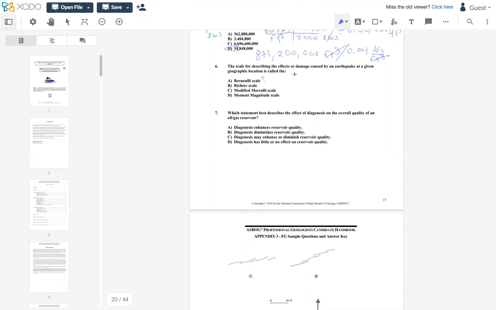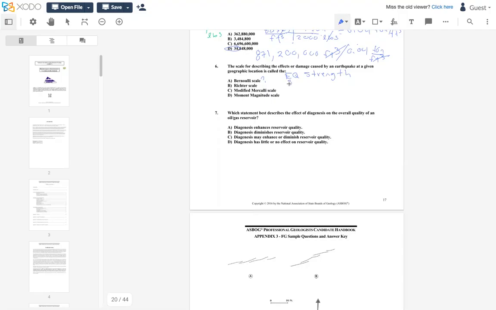So let's go ahead. B, a Richter scale. I do know what that is, and I know that that measures earthquake strength. All right. Modified Mercalli scale. So that scale measures intensity of shaking based on how much damage happens in an area.